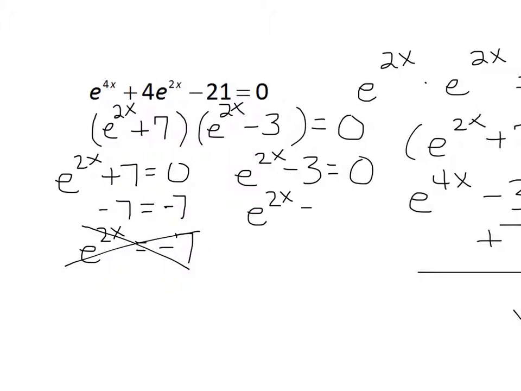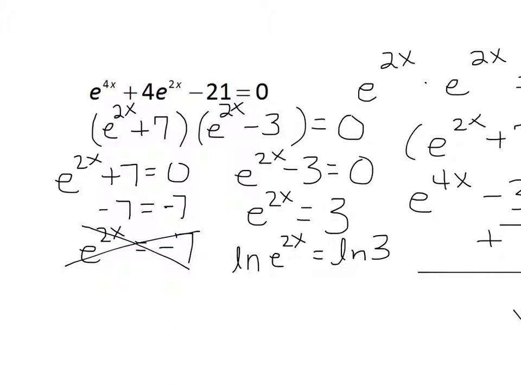I would add 3 to each side, and I get e to the 2x is equal to 3. And luckily, in this case, I have something that I can solve. I can throw the natural log at each side, because the natural log and the natural exponential are such good friends.